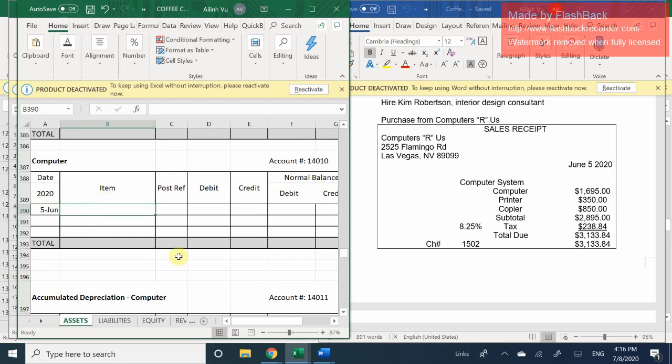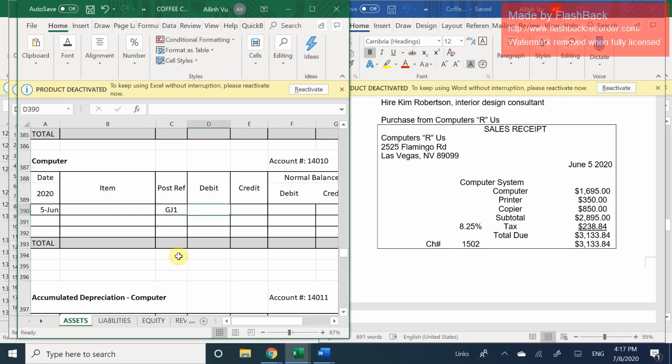You don't need to indicate anything in here because a computer's a computer. I mean, what are you going to say? Purchase computer? For the furniture, it makes sense because we were going to sell it. But in this case, we bought the computer because we're going to use it. Okay, so post reference number is going to be General Journal 1.